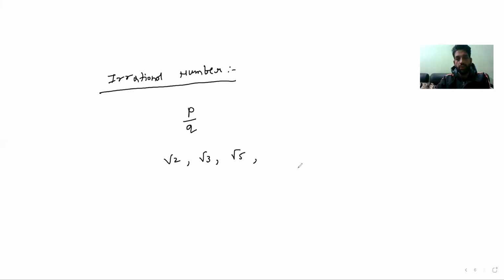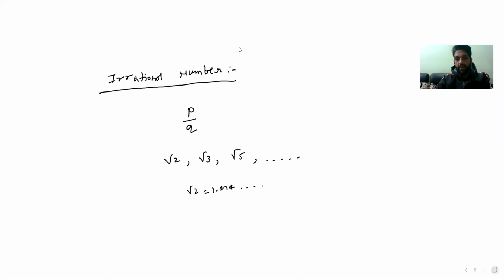These numbers are called irrational numbers because the value of root 2 is 1.414 and so on. We cannot represent it by a ratio. So this number is called an irrational number.